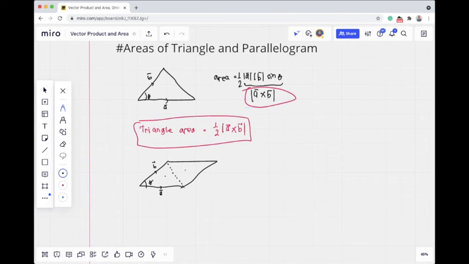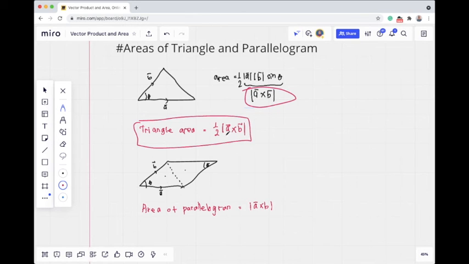If the angle here is theta, then the angle here is theta. If the length of this base is magnitude of A, then the length of this side is also magnitude of A. If the length of this side is magnitude of B, then the length of this side is also magnitude of B. So the area of parallelogram is twice the area of the triangle.